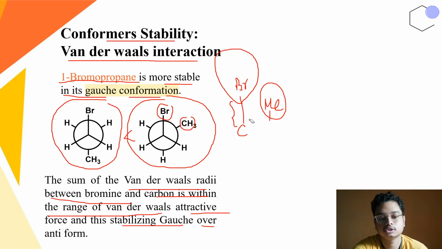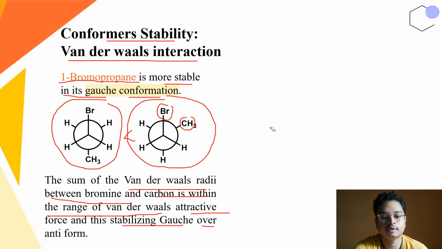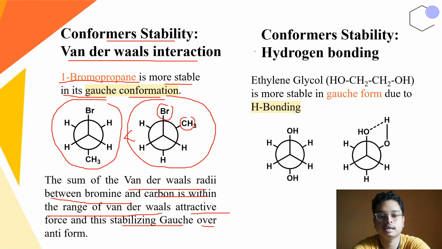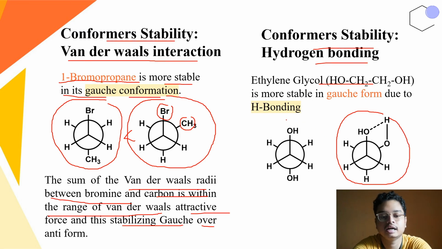Okay, so now if we check another anomaly, this anomaly can be explained by hydrogen bonding. In the case of ethylene glycol, it is observed that the gauche conformer is more stable over the anti-conformer because of the hydrogen bonding.